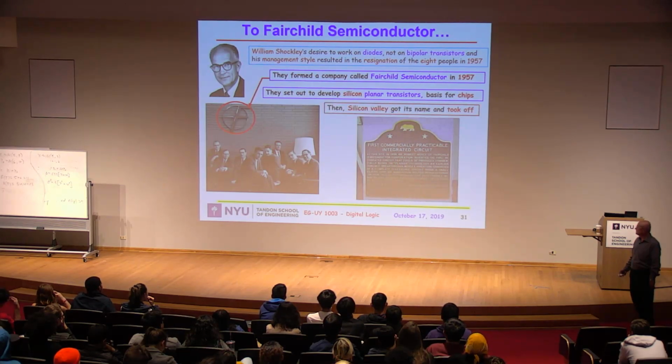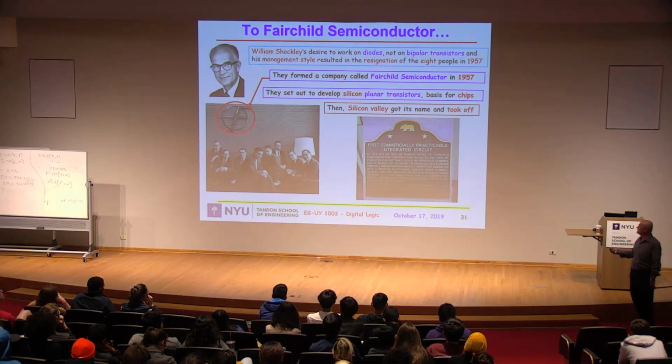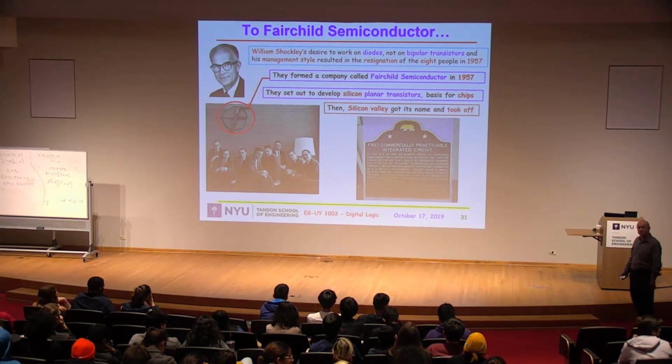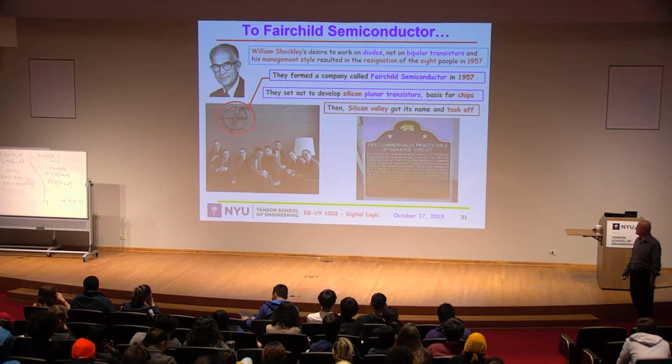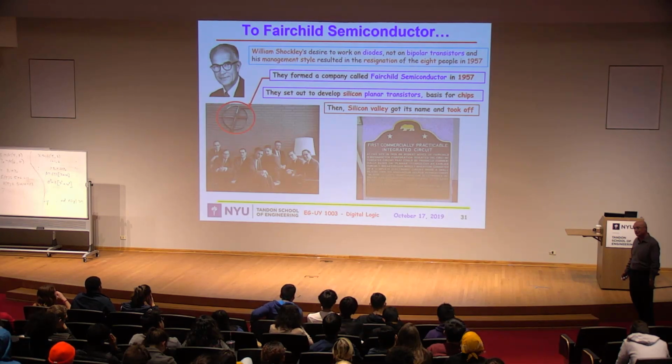So everybody, this place in Mountain View is protected as it's a historical place, and they worked on silicon transistors rather than germanium that he was working on. And so silicon became the substance to use, and then you have Silicon Valley today, not Germanium Valley. Germanium Valley, does it sound right?